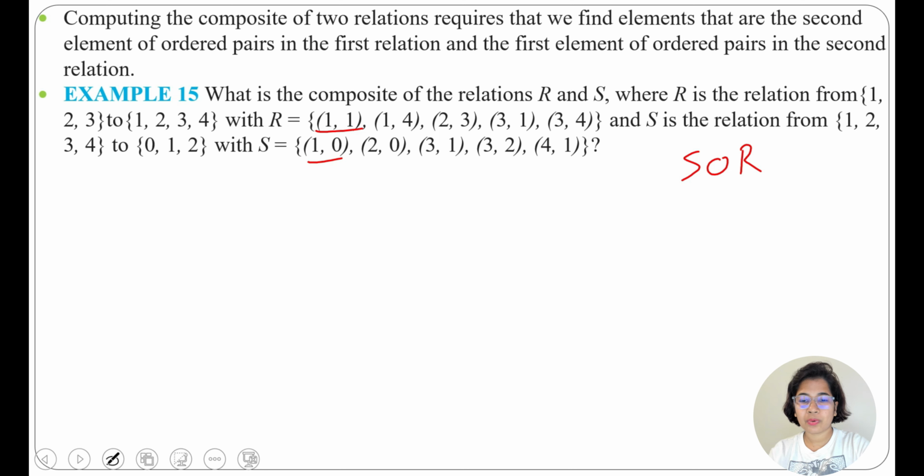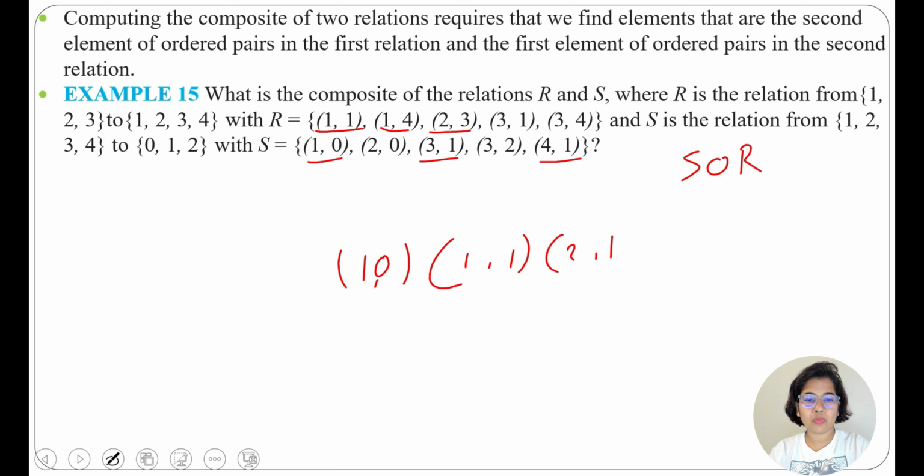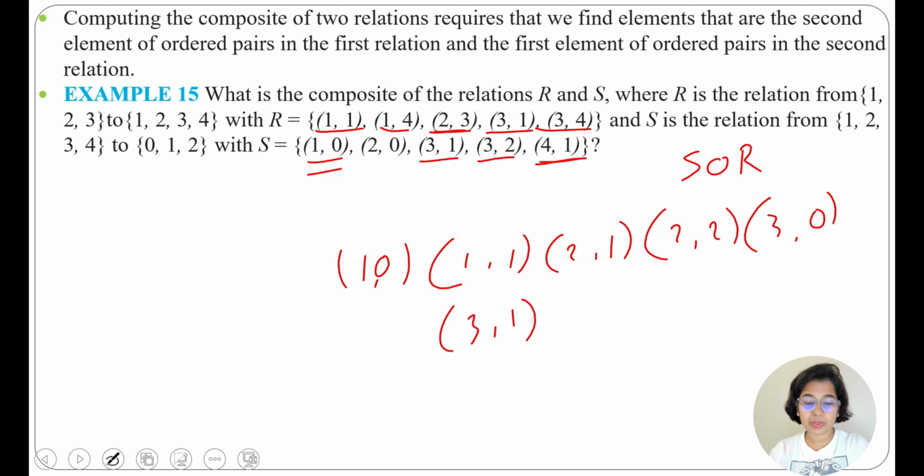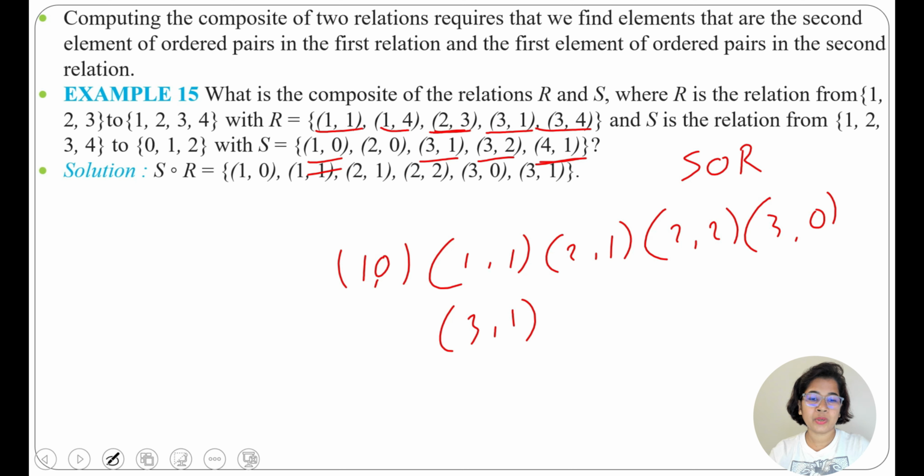So in S∘R, (1,0) will be present. Then (1,1) and (1,1) gives (1,1). Here (1,4), here (4,1), so (1,1). Then (2,3) and (3,1) gives (2,1); (2,3) and (3,2) gives (2,2). Then (3,1) and (1,0) gives (3,0); (3,4) and (4,1) gives (3,1). S∘R will contain (1,0), (1,1), (2,1), (2,2), (3,0), (3,1).